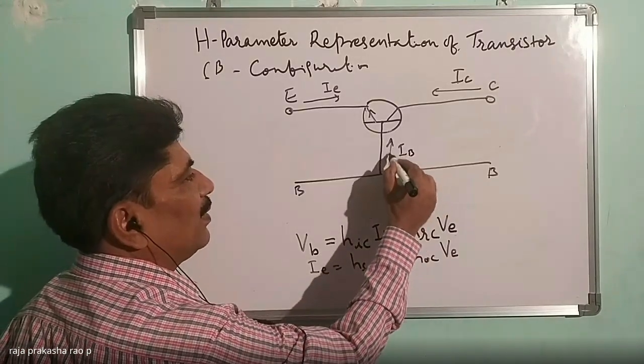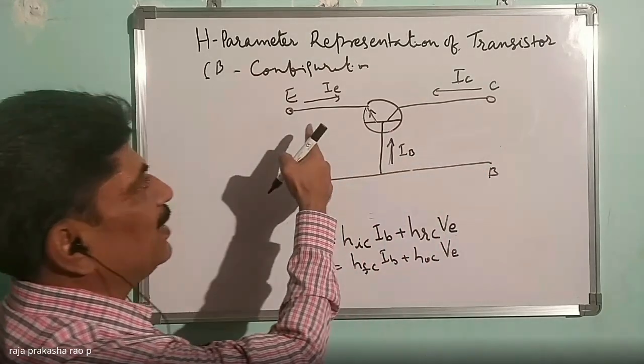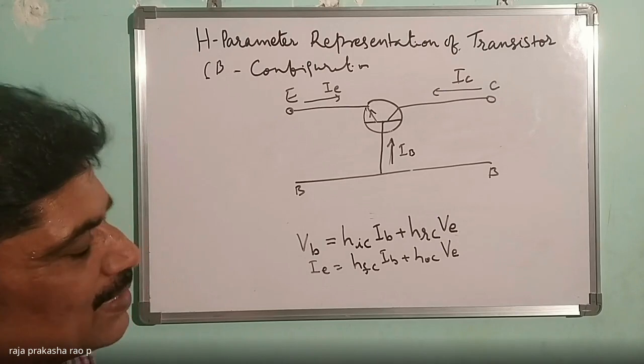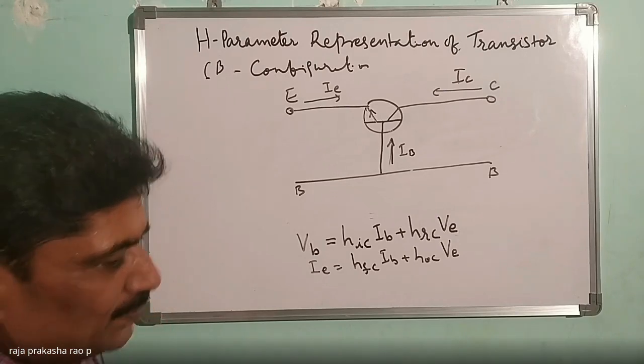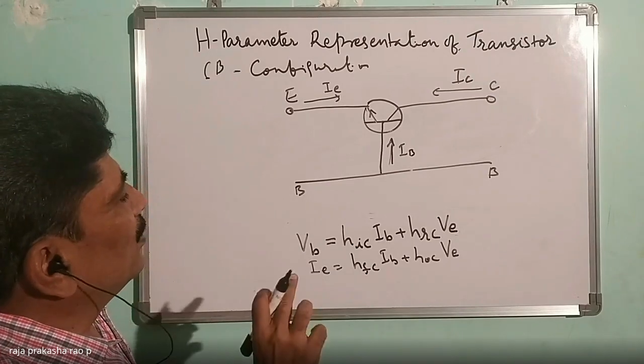Very simple. Okay. IC from C, IE from E, IB from B. And the sum of all these currents is equal to 0 at this point.